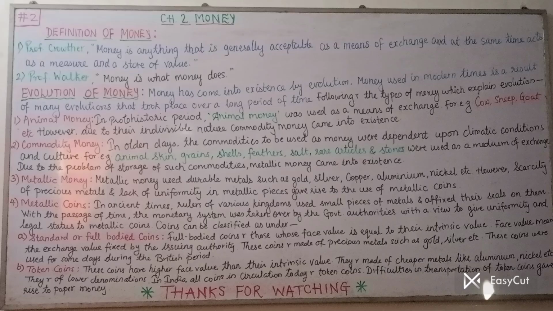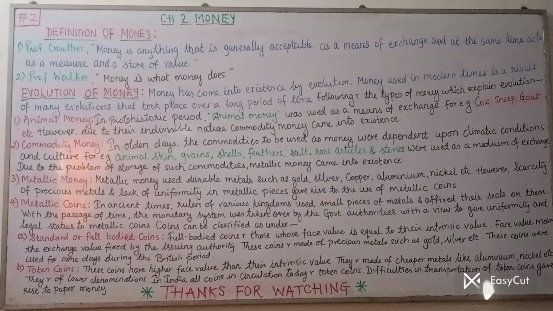First one, standard or full-bodied coins. See, these coins mean the face value is equal to their intrinsic value. Here I would like to explain in very simple basic language. Face value means whatever is written on the face of the coin. Coin के ऊपर जो print होता है, mint होता है, that is 5 rupee, 10 rupee, that is called the face value of the coin.